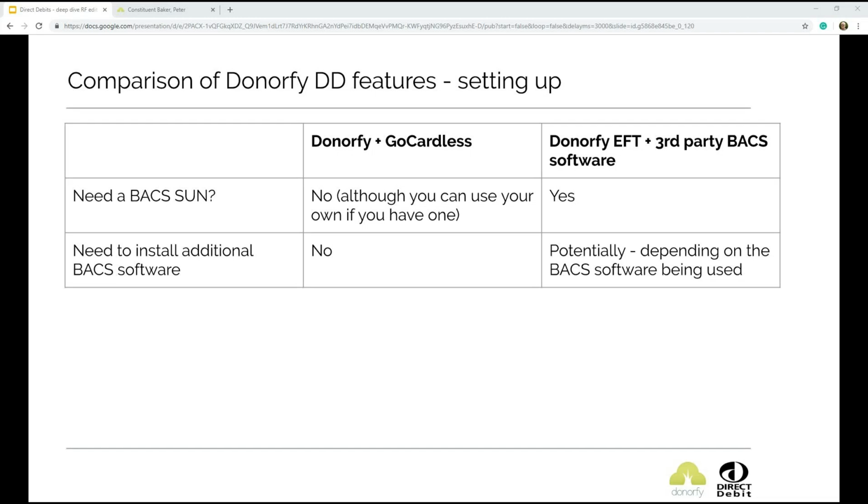And there's no additional software to maintain, install, or upgrade. It's all done over the internet. Whereas if you were to use EFT, you would need to be a BACS service user, and you would need software that would need to be managed and upgraded, and would need to be approved by BACS.